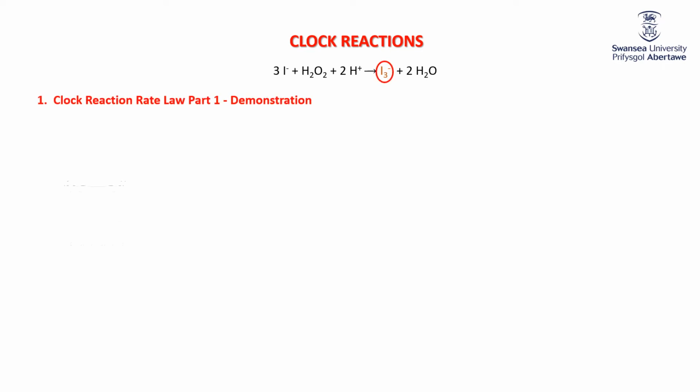So if we start off with our components that we mix together, a solution of iodide, usually potassium iodide, with hydrogen peroxide and a little bit of acid, then it's a colorless mixture. As soon as we mix them together, though, they can start reacting and start to make the triiodide. And so what you find is it goes a little bit yellow, and then a little bit yellower, so orangey, and then a little bit orangier, and then finally up to that orangey brown color.